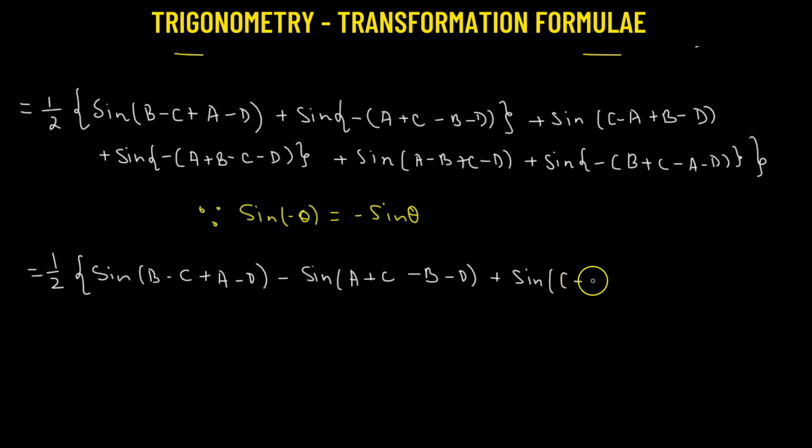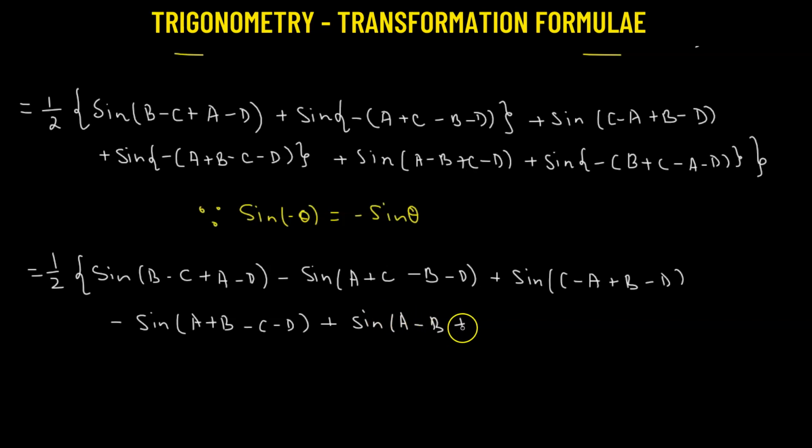So we have sine of C minus A plus B minus D. Then we come to the fourth term. So this will become negative of sine of A plus B minus C minus D. Then the fifth term remains as it is. We have sine of A minus B plus C minus D. And then finally we have negative of sine of B plus C minus A minus D.